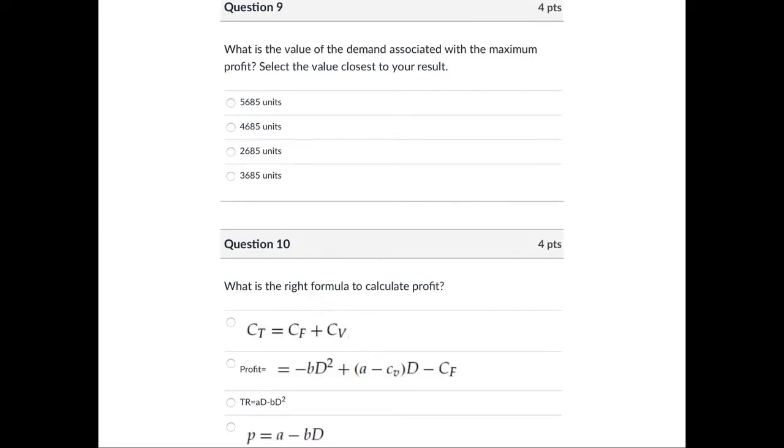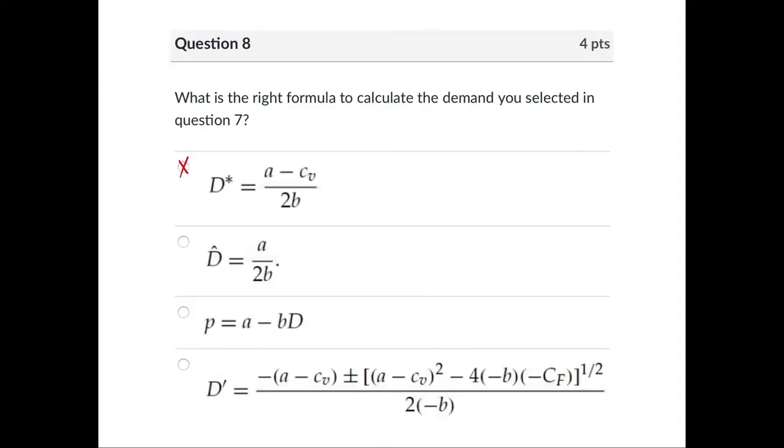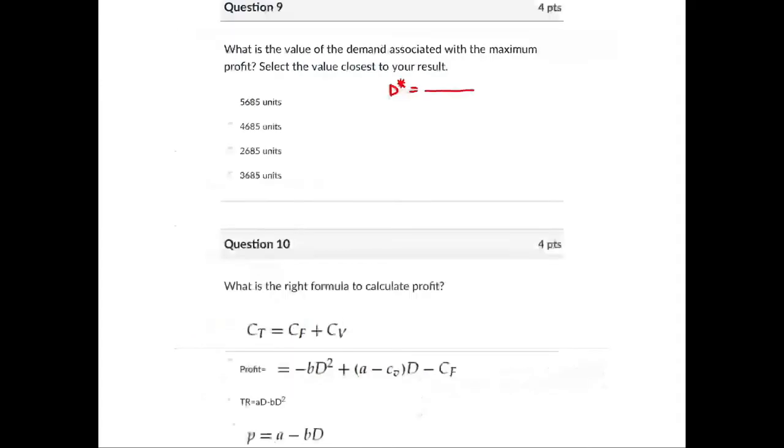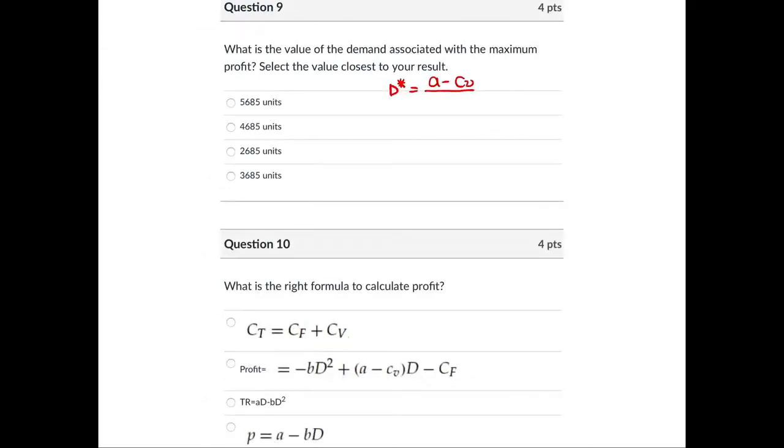Now, what is the value of the demand associated with the maximum profit? So once you choose the D star equation, you just calculate. So D star is A minus C lowercase v over 2b. So what is A? A is 600. CV is 131.5, right?